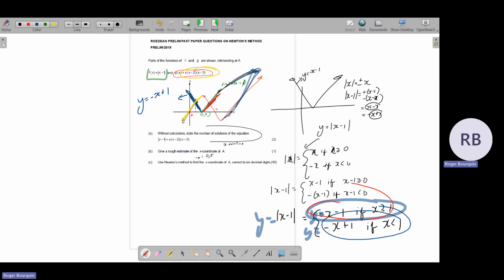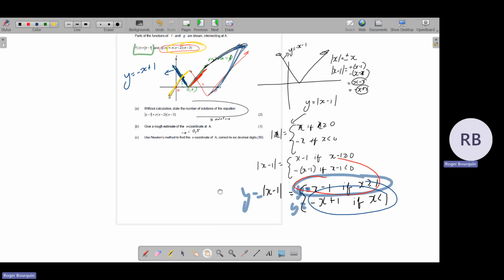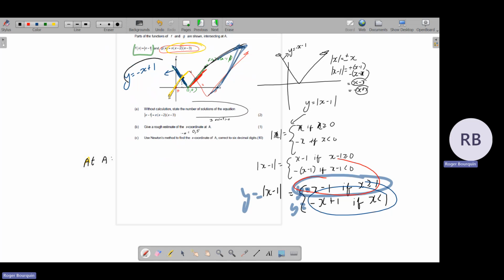Which is the graph x, x minus 2, x minus 3. So at A, we have the two graphs equal to each other. So y is equal to negative x plus 1. So negative x plus 1 is equal to the cubic function x, x minus 2, x minus 3.